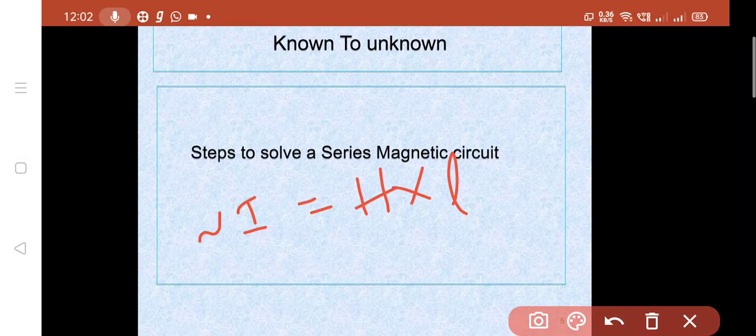Step 7: The total ampere turns for the complete magnetic circuit can be found by adding algebraically the ampere turns of the various parts of the magnetic circuit in series.